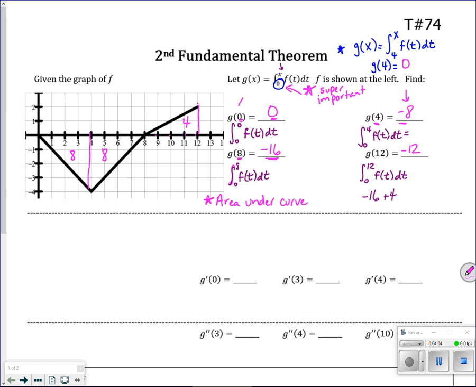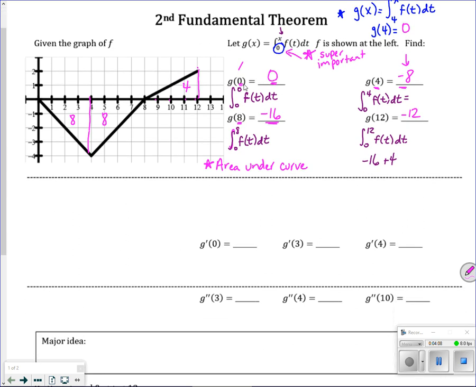Okay, now let's look at the next one. Notice with the next one, it says g prime of 0. Okay, let's figure something out here. What we figured out in step 1 is that g of x was the integral, it was given, of f of t dt.